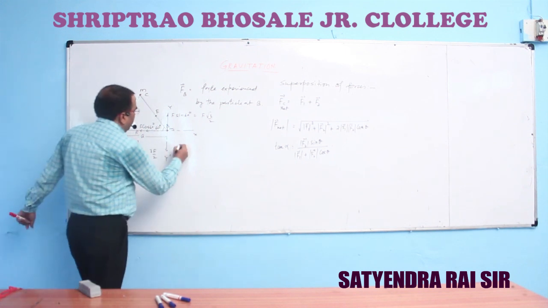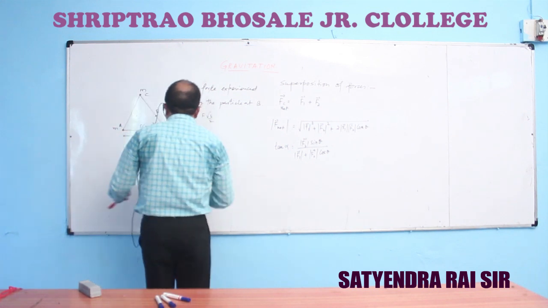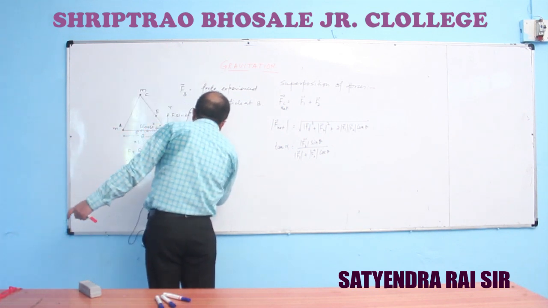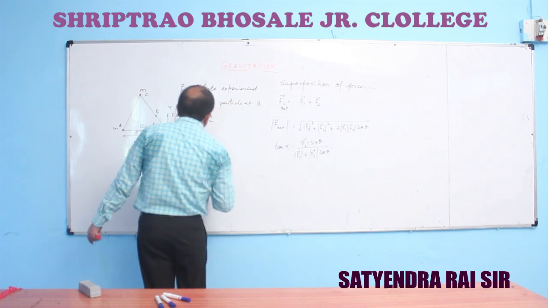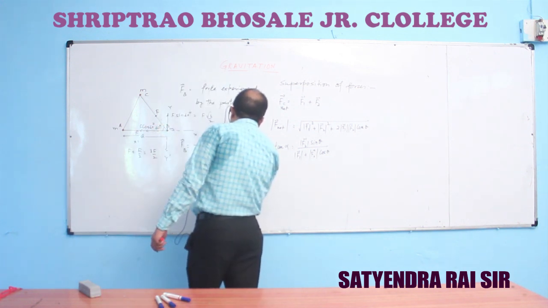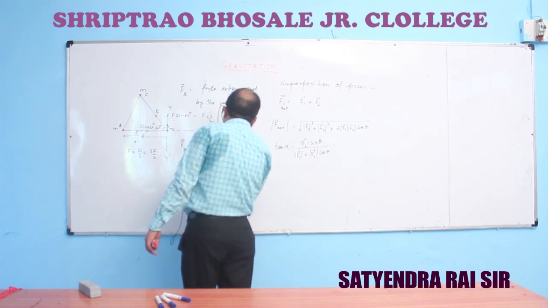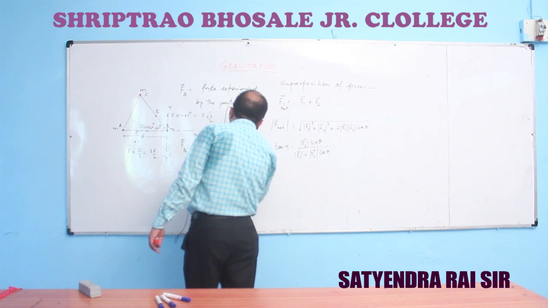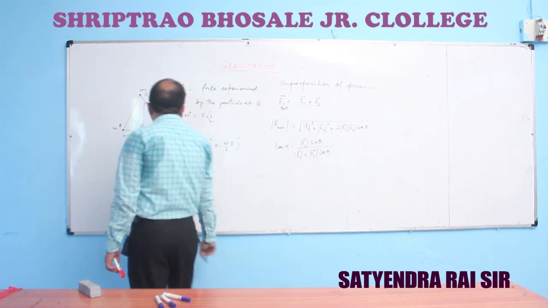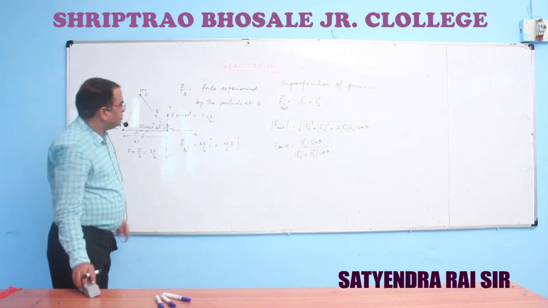So finally F net, F at B, can be written as minus 3F by 2 i cap plus root 3 by 2 F j cap. This is the mathematical expression for F at B.